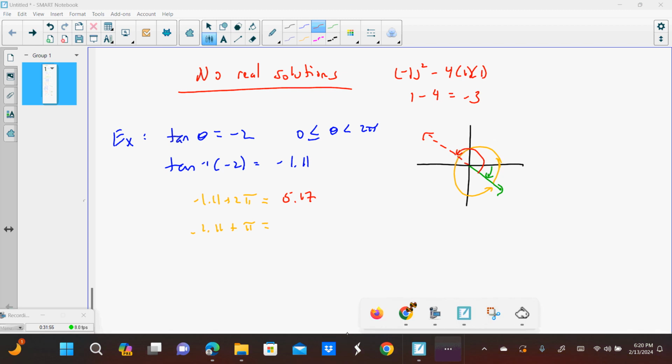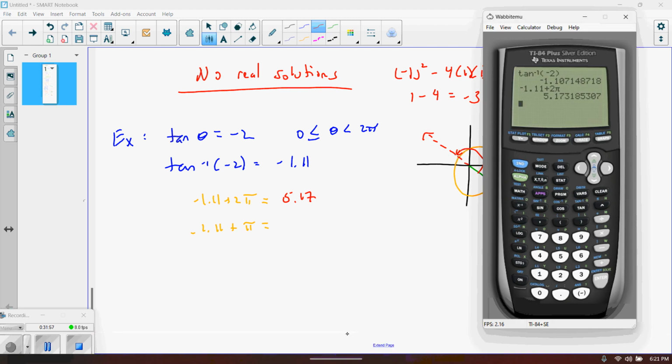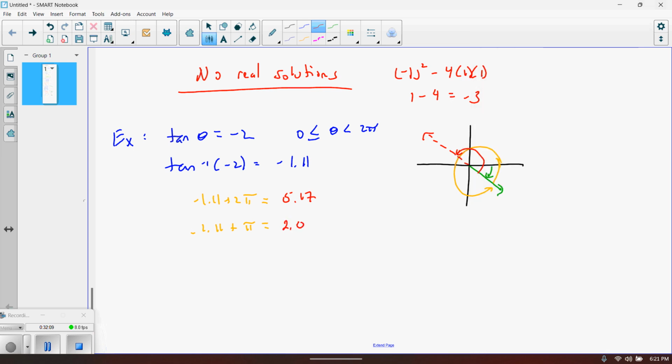Kind of a pain to keep getting the calculator out this way. And then we'll do negative 1.11 and add pi. 2.03. So using estimations, because those are not exact values since we rounded, those would be the approximate places between 0 and 2 pi where tangent would equal -2.